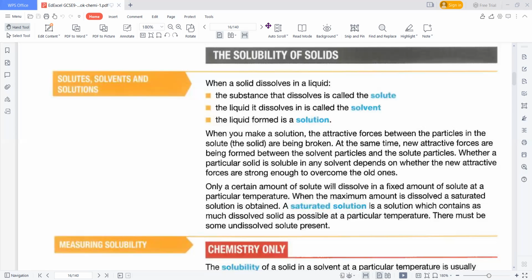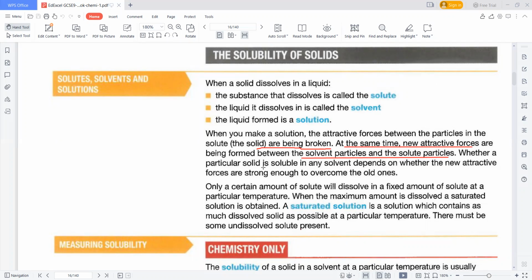So when a solute is dissolved into a solvent, the old forces of attraction are broken down, and new forces of attraction are created between solute particles and solvent particles.